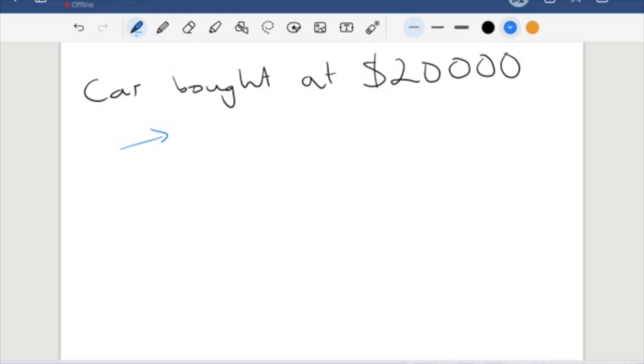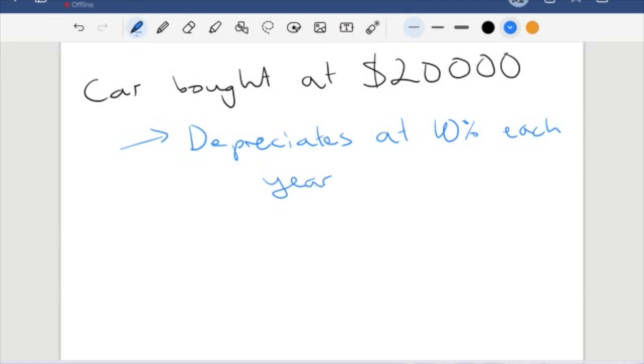They lose money over time. They depreciate in value. Their value goes down. Now let's say that this particular car, to get another nice round number, depreciates at 10% per year, each year. So it's going to lose money.